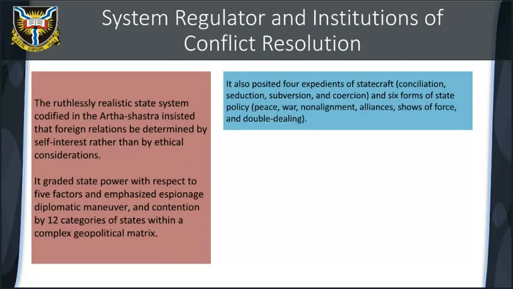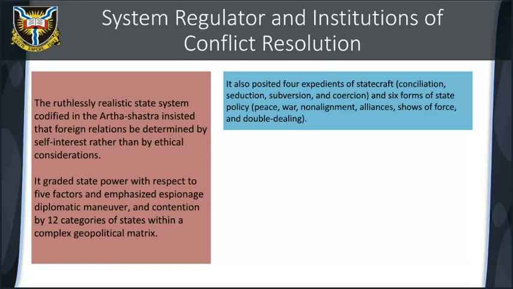System regulator and institutions of conflict resolution. The ruthlessly realistic states system codified in the Arthashastra insisted that foreign relations be determined by self-interest rather than ethical considerations. It graded state power with respect to 5 factors and emphasized espionage, diplomatic maneuver, and contention by 12 categories of states within a complex geopolitical matrix.